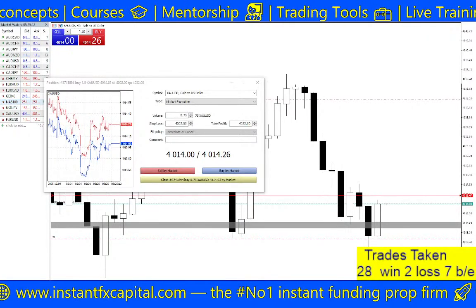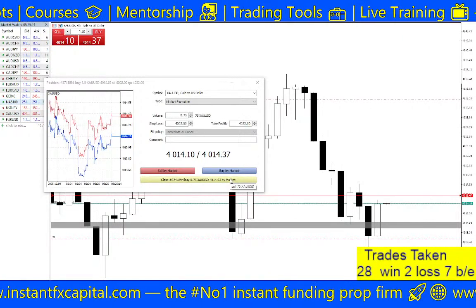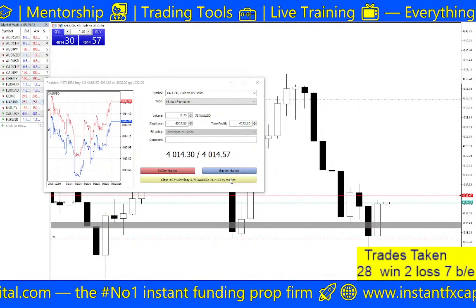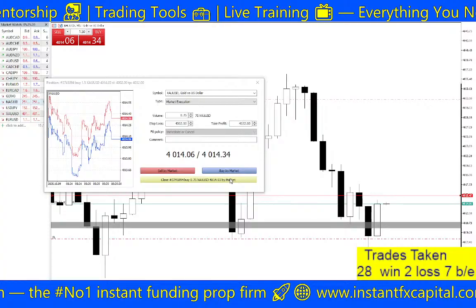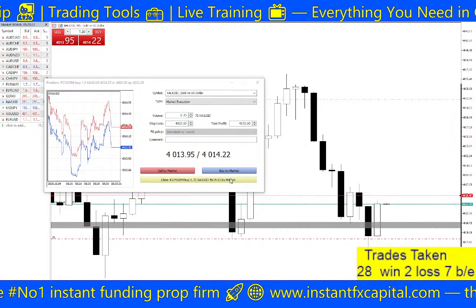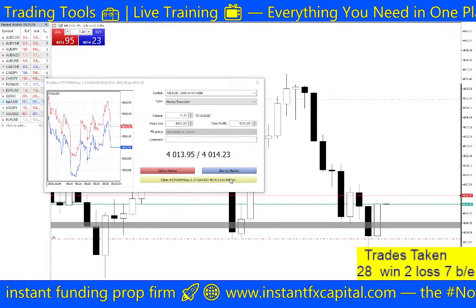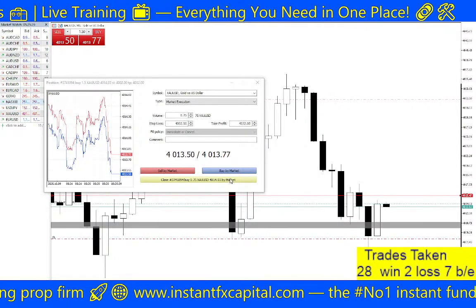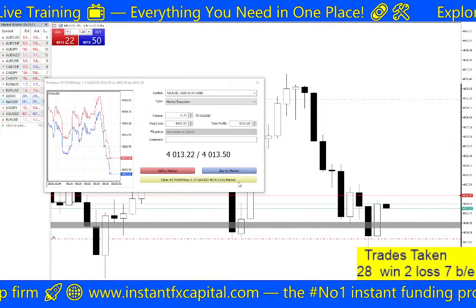Okay, so what I'm going to do is, when we get those 10 pips, I'm going to hit close half and move stop loss on my phone and close half on the PC. But we need to get there first.